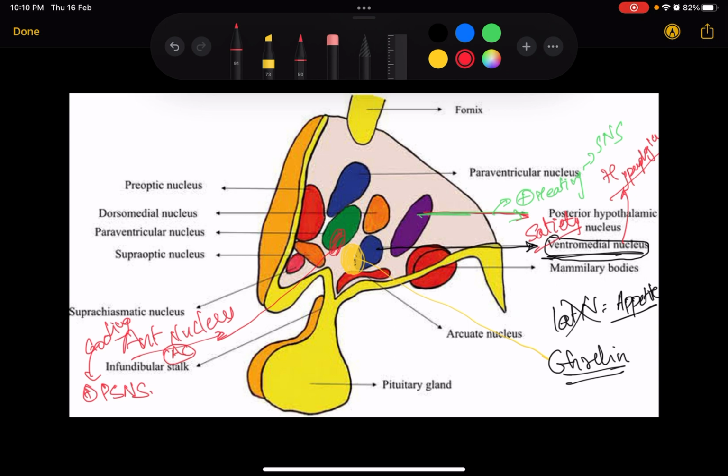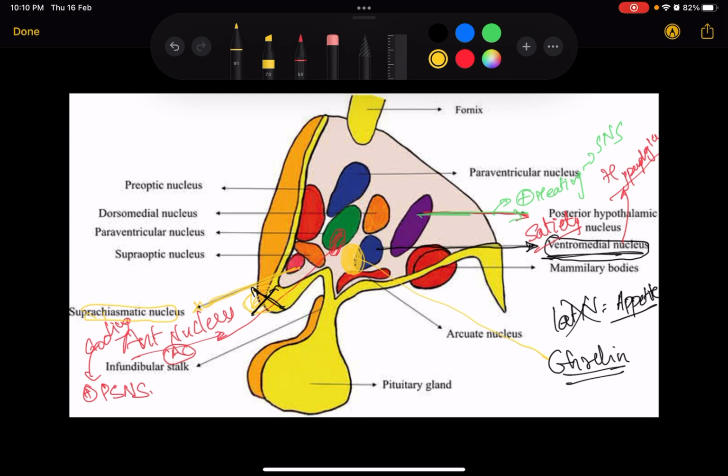All right, after that we look into the suprachiasmatic nuclei. If you can identify, it is the pink nucleus at the bottom out here. The suprachiasmatic nucleus is literally around the chiasma. This is the chiasmal area that I am going to mark with a cross in black. It's above the chiasma, so it's called the suprachiasmatic nucleus.